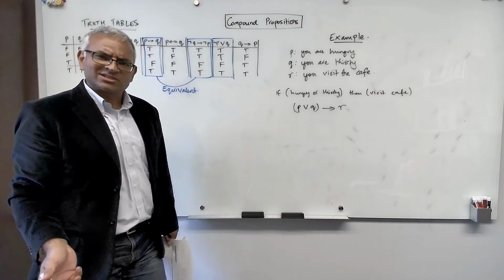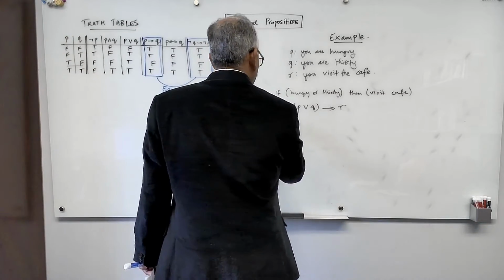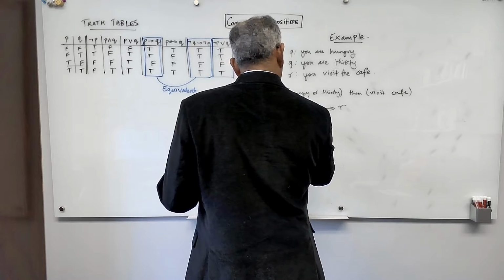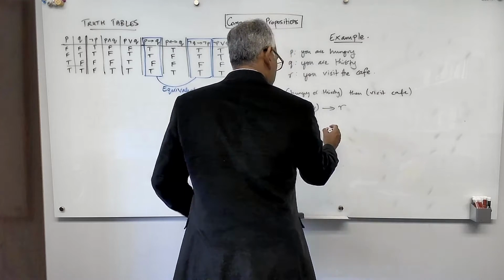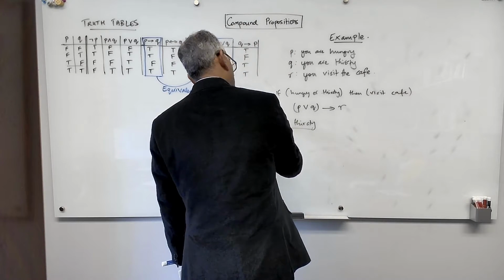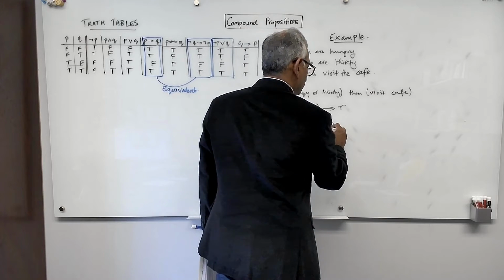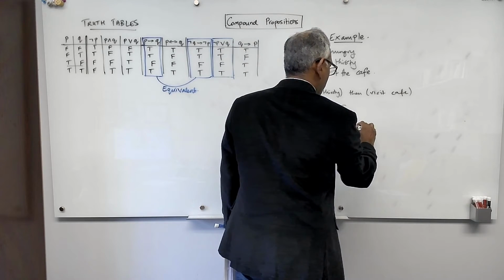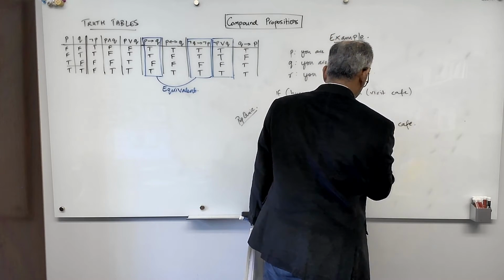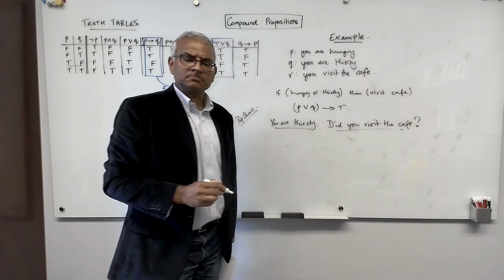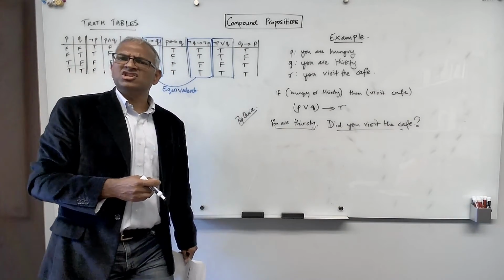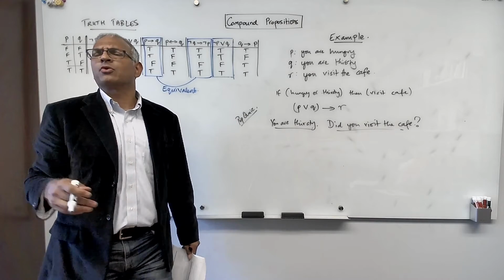So let me ask some questions. Pop quiz. Question 1: you are thirsty. Did you visit the cafe? These are the kinds of questions we used to get on the GRE analytical, or what are called logic questions.